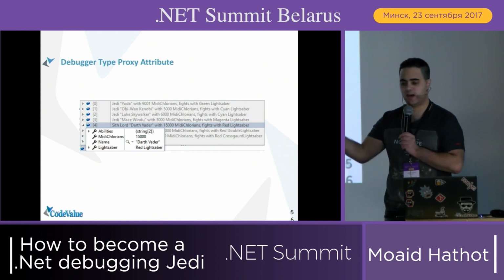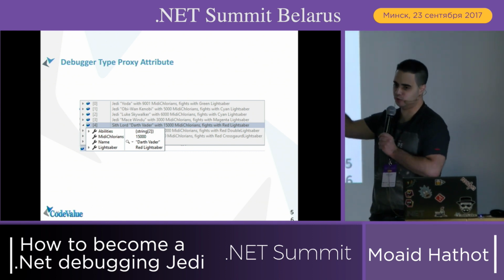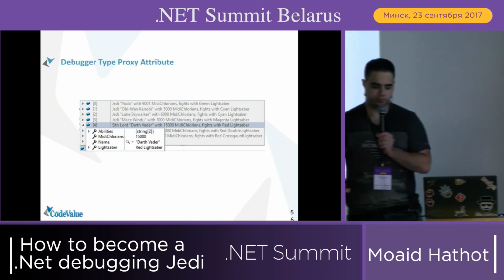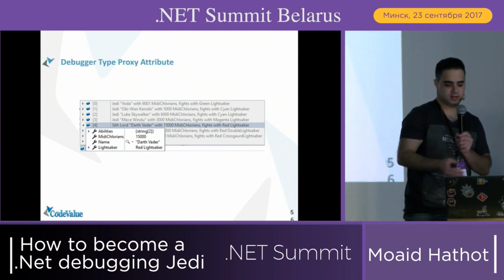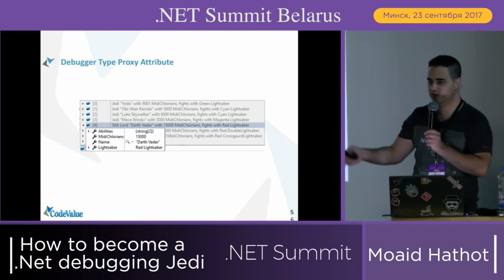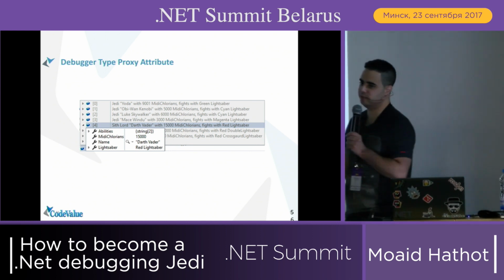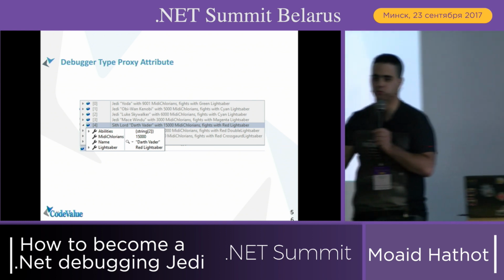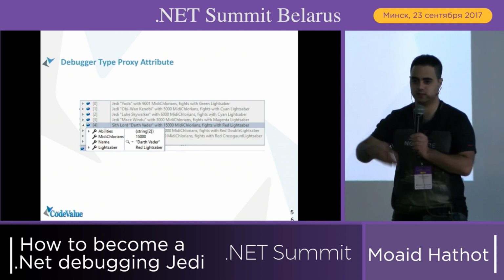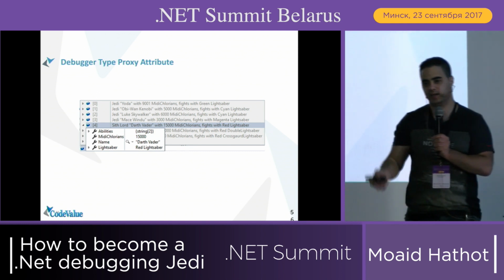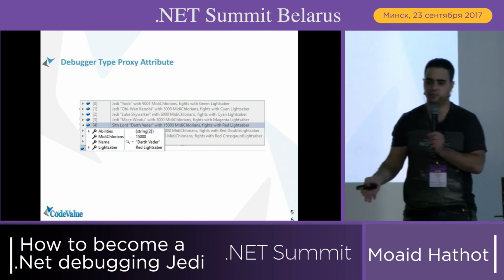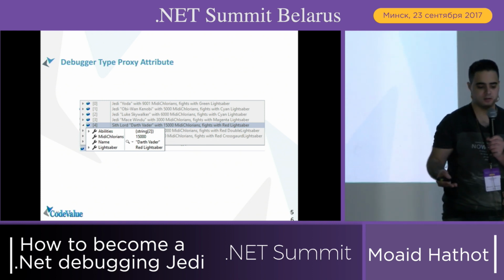Well, so I have the display attribute, but when I try to view the properties of each item, I see these properties. And maybe I have a lot more that are not relevant for me, or maybe I need properties that will return more information that is useful for this debugging session. But again, either I don't want to add properties to the type just for debugging, or I can't.